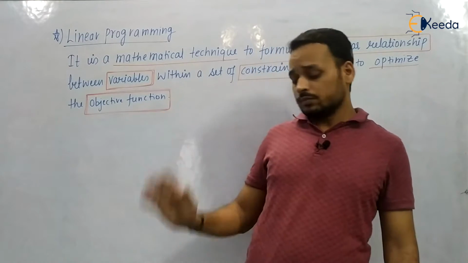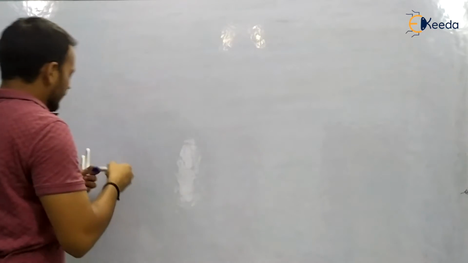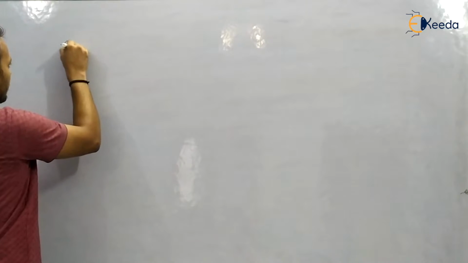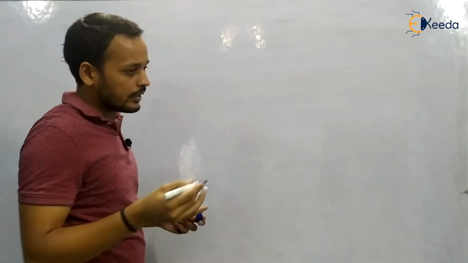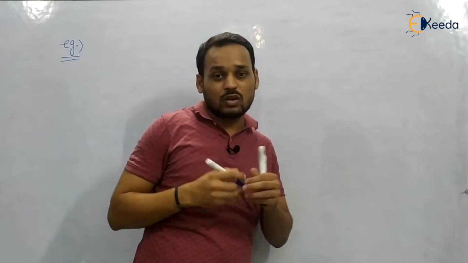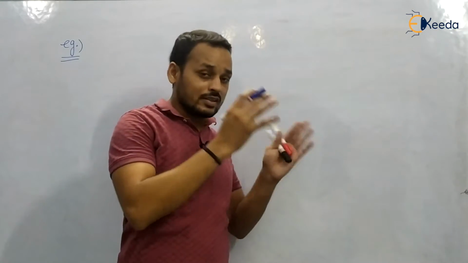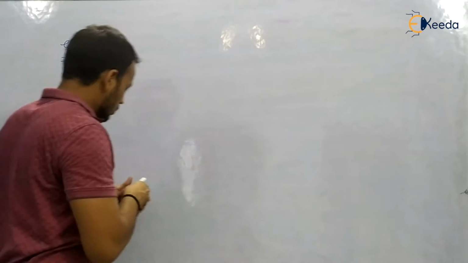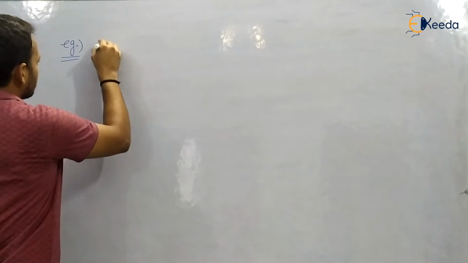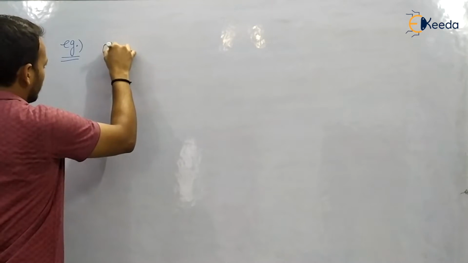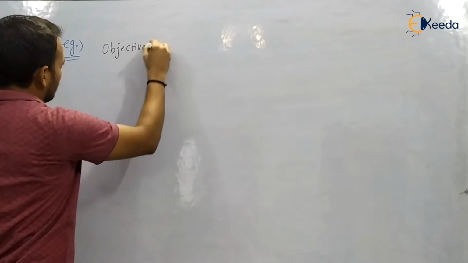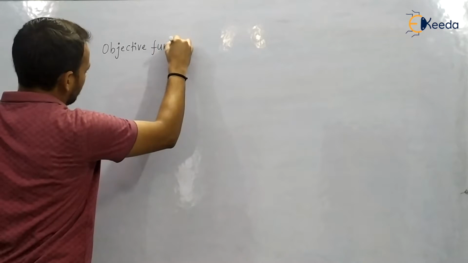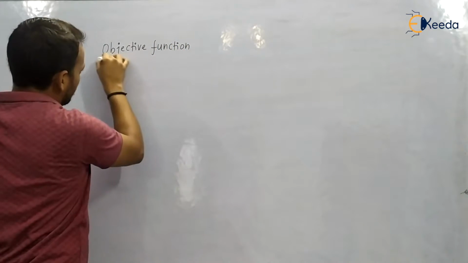So I'm going to take an example of what the objective function, the variables, the constraints and a linear relationship are. Suppose we have been provided with an objective function. You should not think about where we got it from.